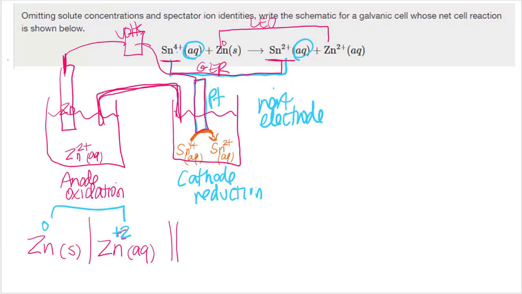And then on the right side, I've got my Sn4+, comma, Sn2+. Both of those are aqueous. And again, I can double check. Going from a plus 4 to a plus 2 is reduction. I'm gaining electrons to do that.